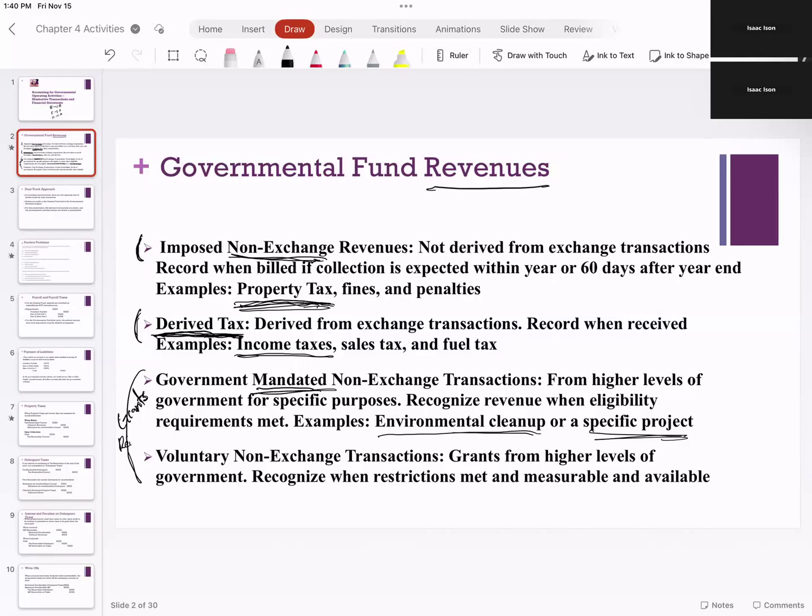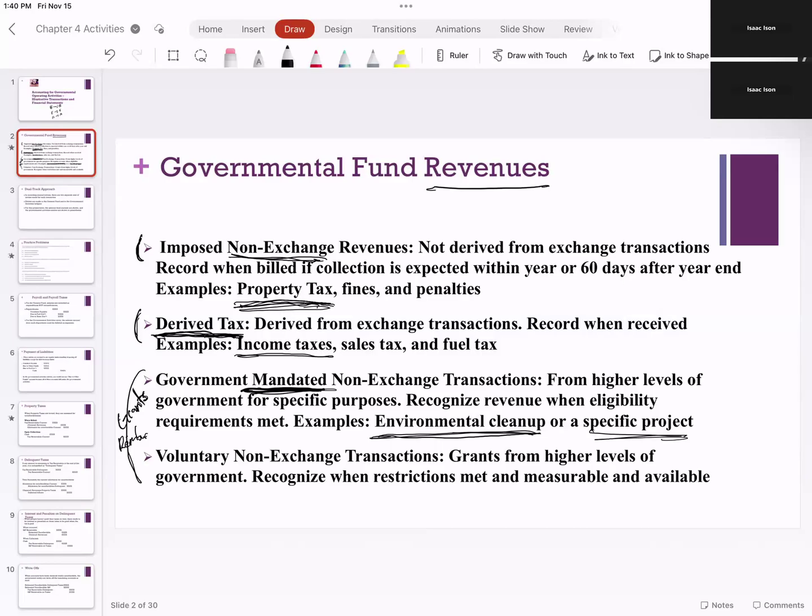Once we do the work, then we recognize the revenue and they pay us. So think of the city of Kirksville being mandated by the state or by the federal government to do something, work on their storm drain system or something like that, and they're receiving grant funds to do it.